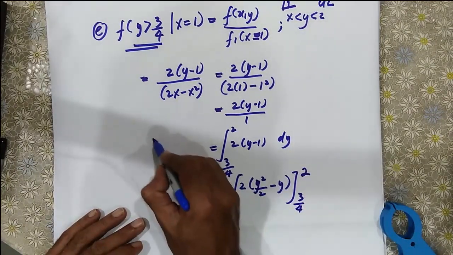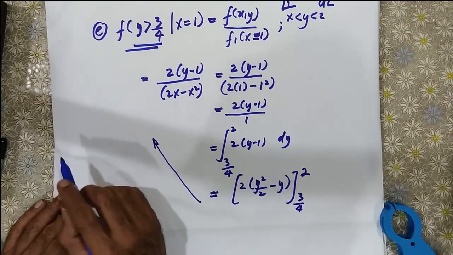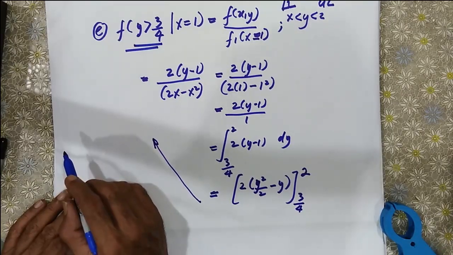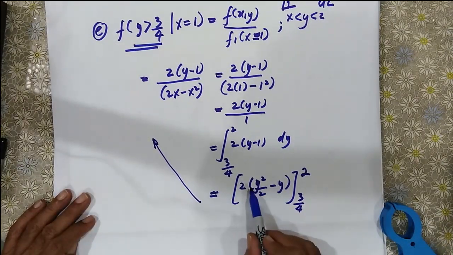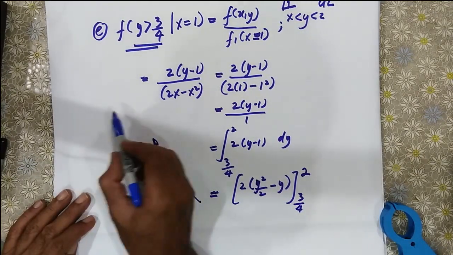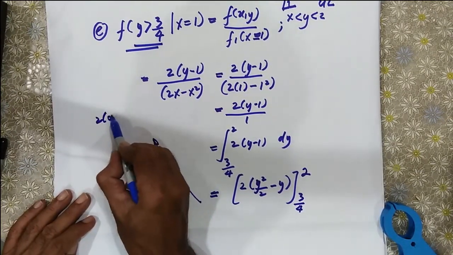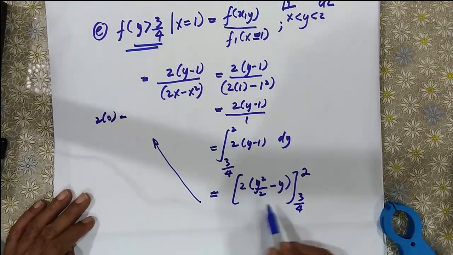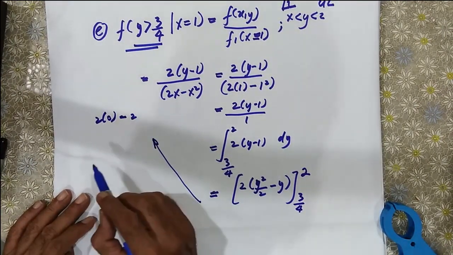If I substitute the value of y equal to 2, I get 4 minus 2, which is 2.